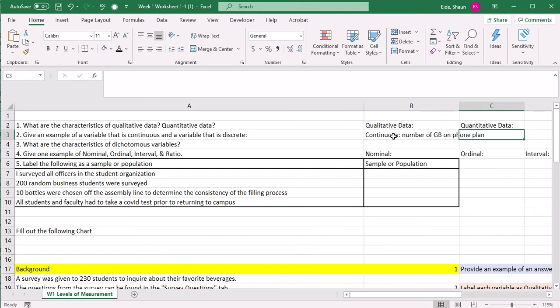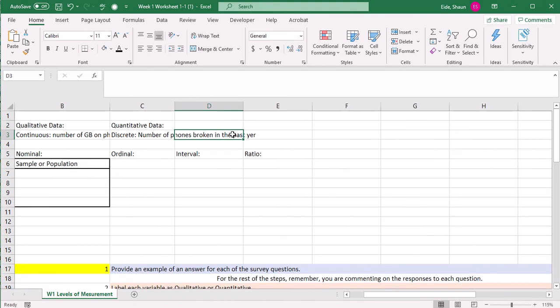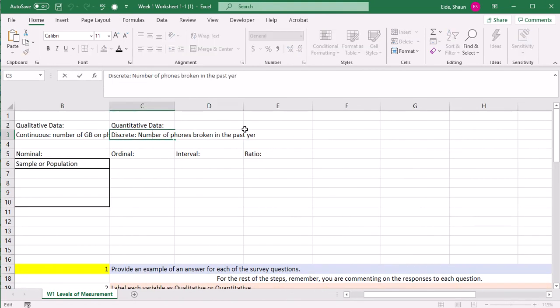And then for discrete, the number of phones broken in the past year, because you will have a whole number of phones that are broken in the past year.